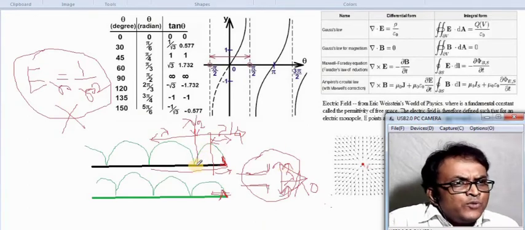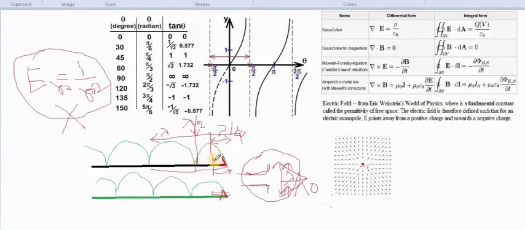Now if we bend this wire from here, suppose I am bending this antenna from here, and similarly bending this antenna from here. So from here the length is lambda by 4, and here also the length is lambda by 4.